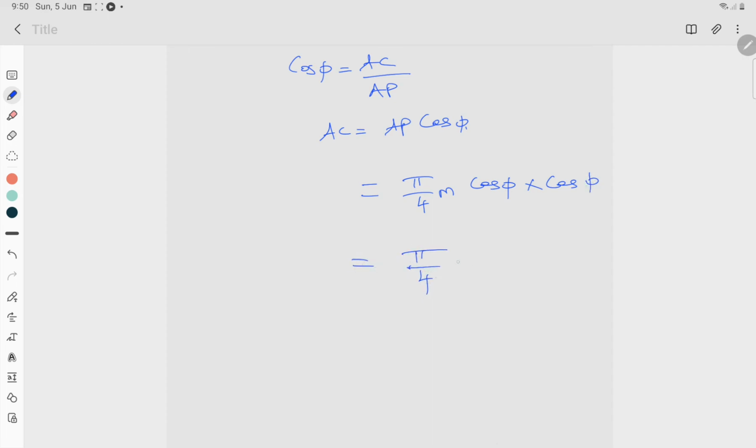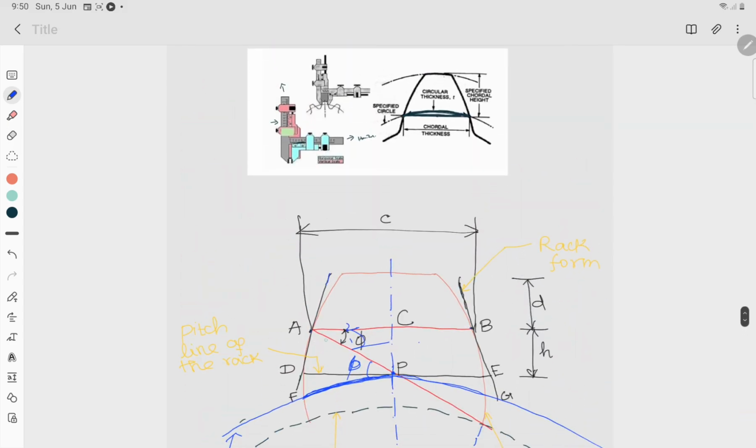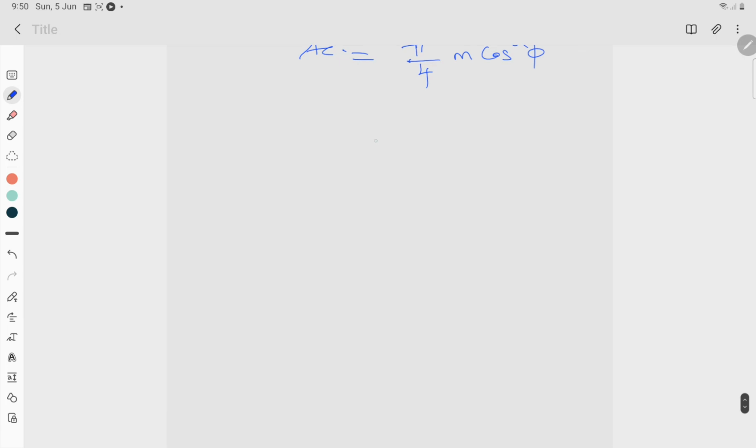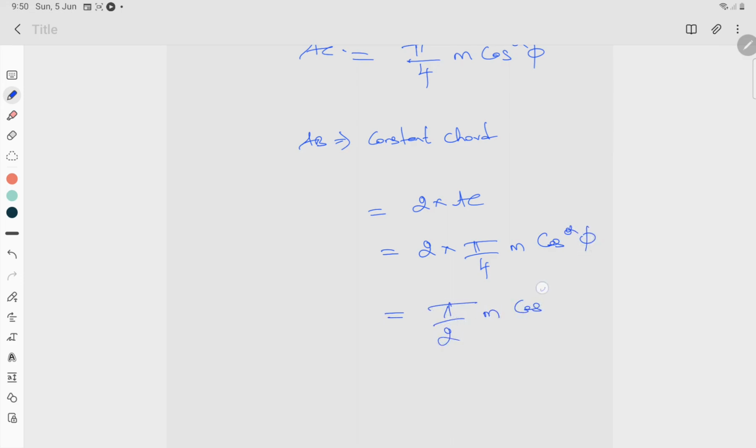So it will become pi by 4 m cos square phi. That is AC. From the picture we are interested in finding only this AB, which is nothing but the constant chord. AB is nothing but 2 times AC. So AB, the constant chord, is equal to 2 times AC. So it will become 2 times pi by 4 m cos square phi, which is pi by 2 m cos square phi. So this is the relation for constant chord.